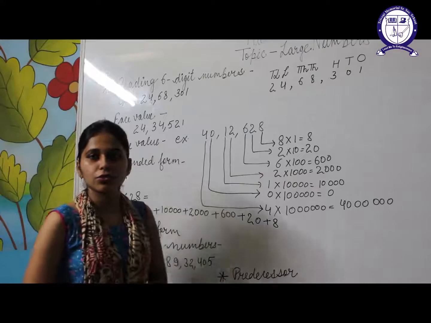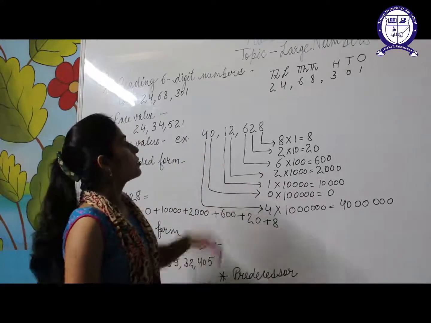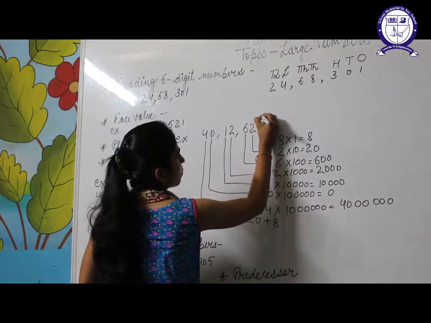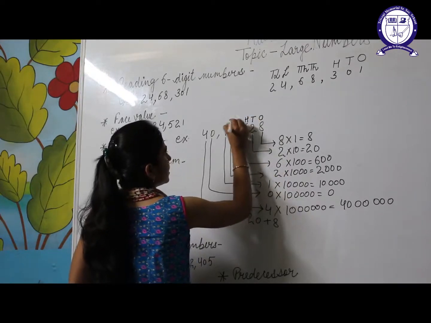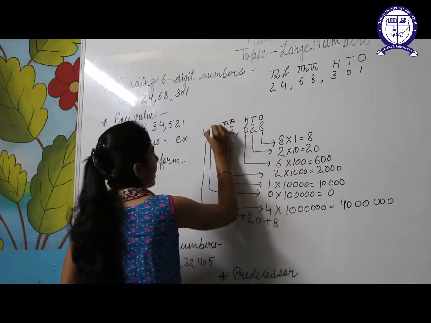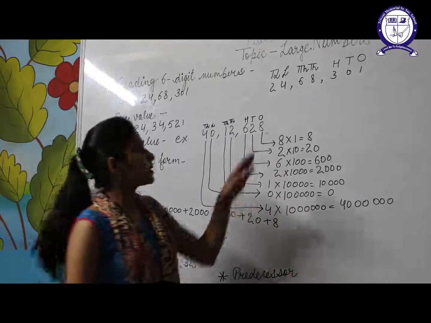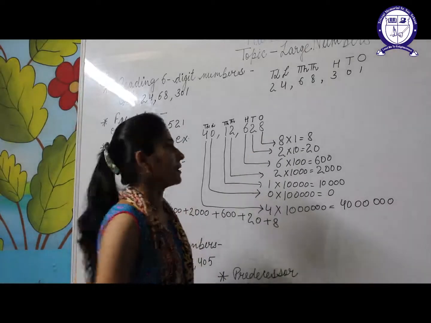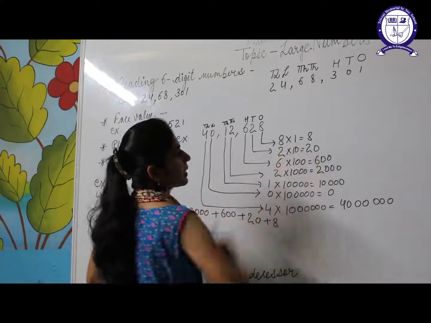Now the place values. We have also discussed place values for reading of numbers, so we will discuss again. We will write from the right hand side to the left hand side: ones, tens, hundreds, thousands, ten thousands, lakh, ten lakh. Like this, students. The digit which is placed under the place value, we will multiply the number by that place. Like we are having 8 under the ones place, so we will multiply 8 by 1.